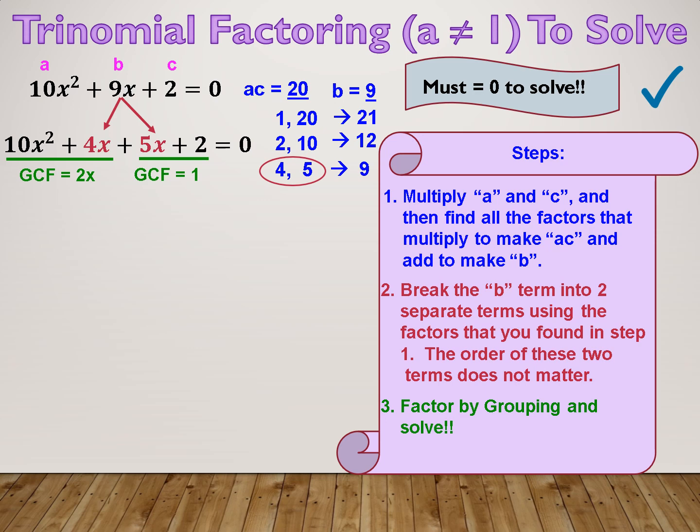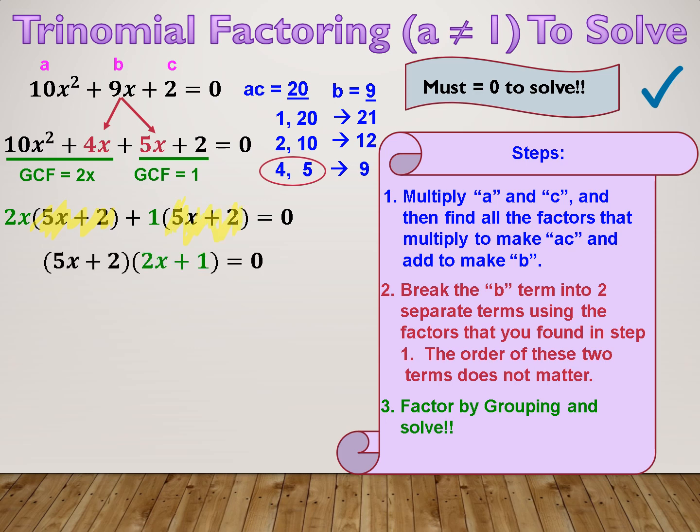So now I pull 2x out of the first 2 terms and 1 out of the second 2 terms. I see right here that my common term is 5x plus 2. So I'm going to pull that out front, and that's going to leave me with 2x plus 1.